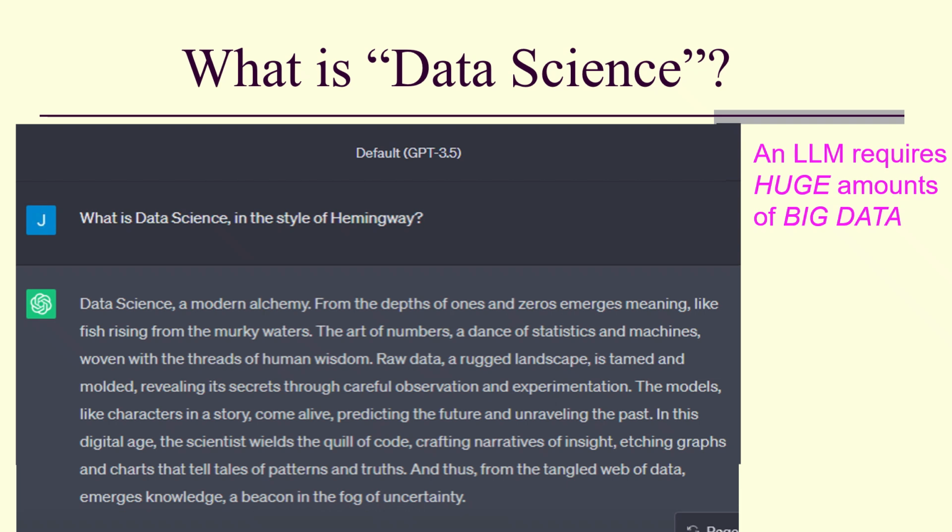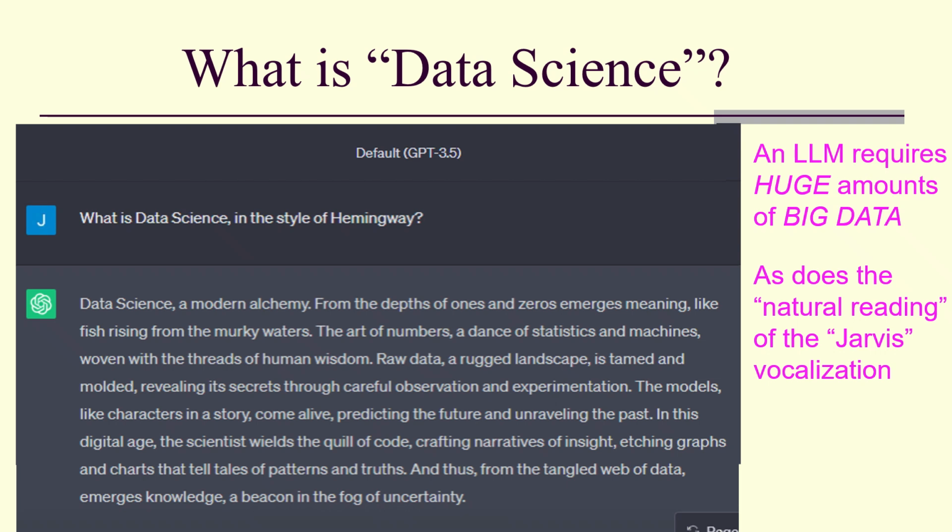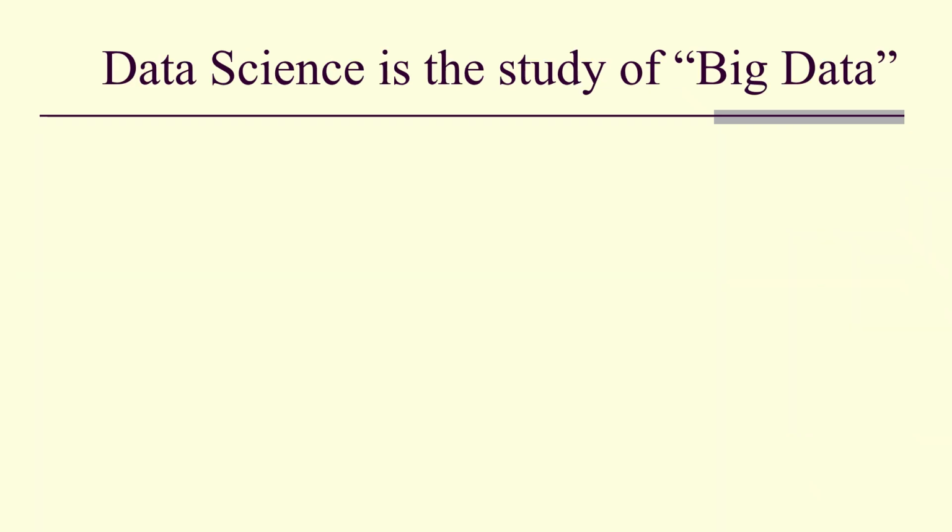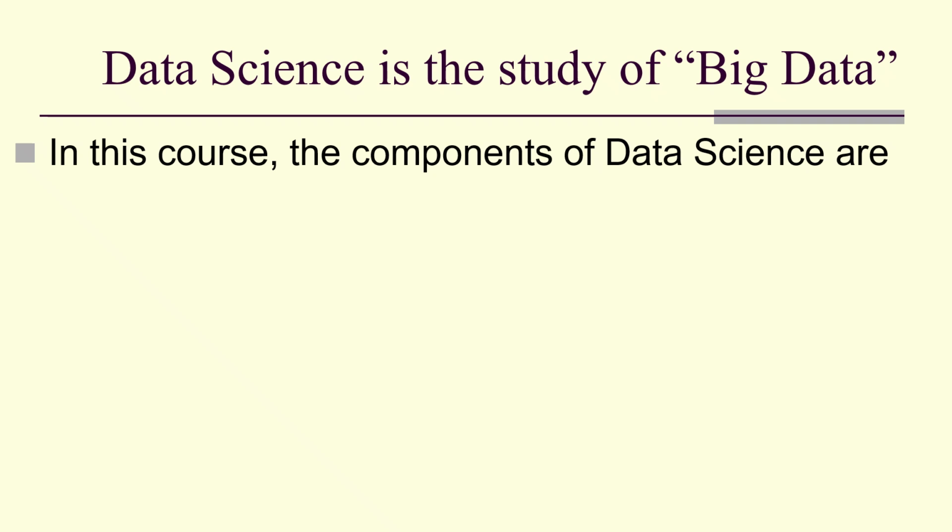So, not surprisingly, a large language model requires huge amounts of big data, as does this natural reading of the, quote, Jarvis vocalization. Data science is the study of such big data. In this course, the components of data science, well, they come straight from ChatGPT.